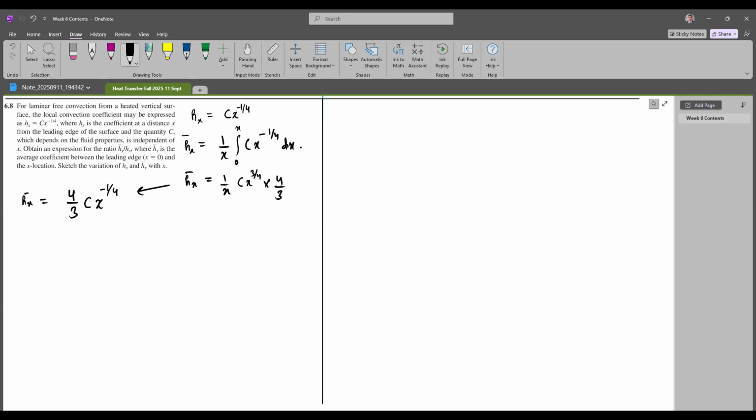Do we have something else in the problem? 4 over 3. Okay, so this is hx bar.